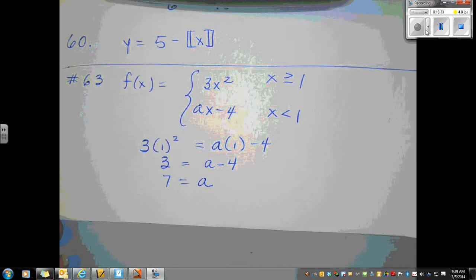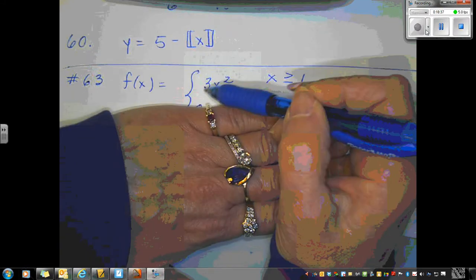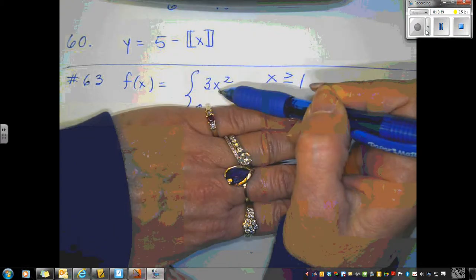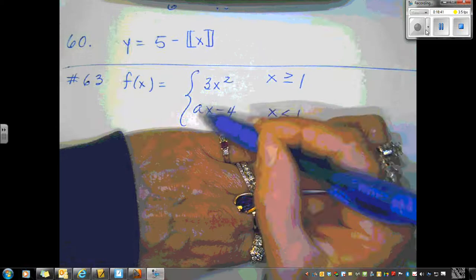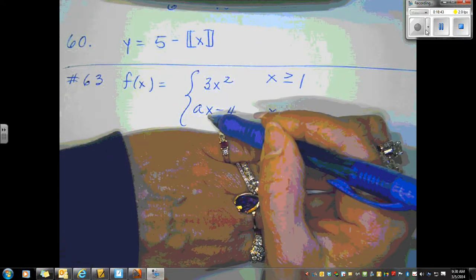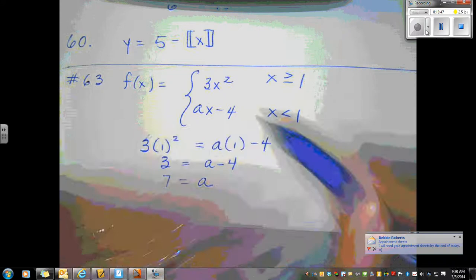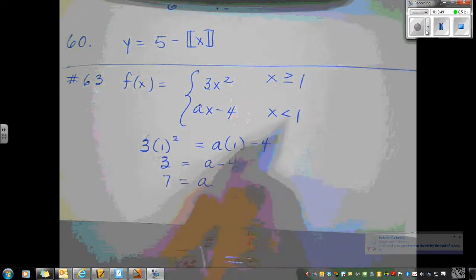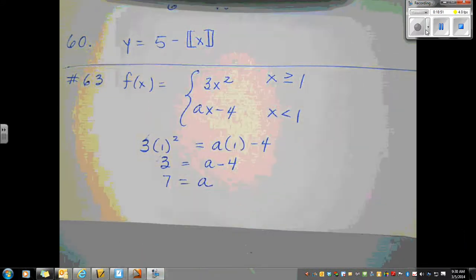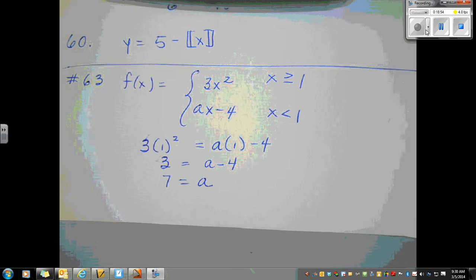Now, let's see if that works. If I put 1 in here, I get 3 times 1 squared is 3. 7 times 1 is 7. 7 minus 4 is 3. So they would both be equal to 3 at that place. One would be the hole, and the other guy would fill him in. And that's the way it would be continuous.